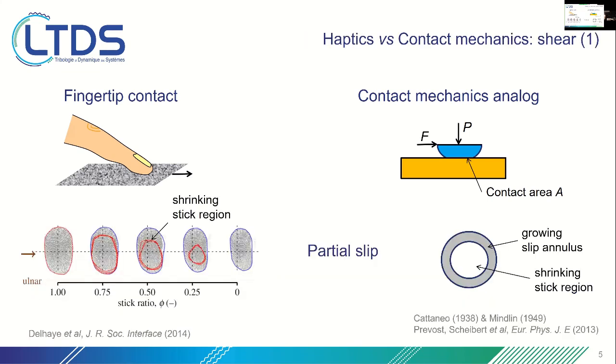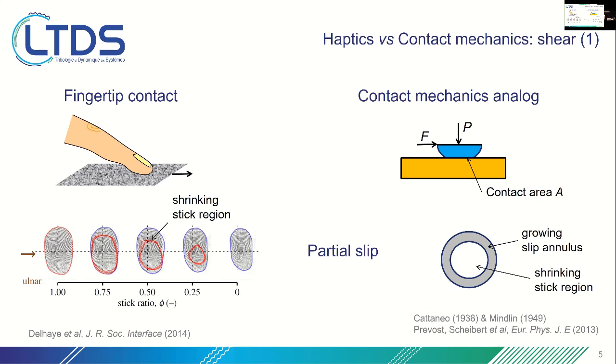Now if you want to shear this Hertz contact, it's not an instantaneous transition from stuck to slipping contact. There is a partial slip situation in which slip nucleates at the periphery of the contact, and then there is a growing slipping zone, an annulus, that will progressively invade the whole contact before it can slip macroscopically. This is the model by Cattaneo and Mindlin in the 30s and 40s of the last century.